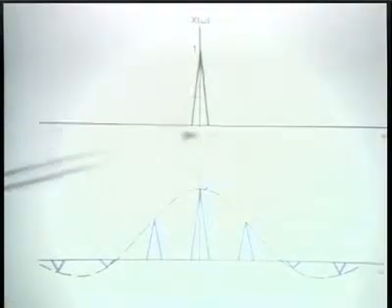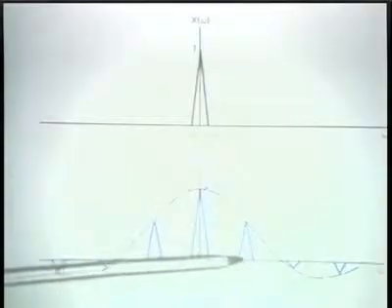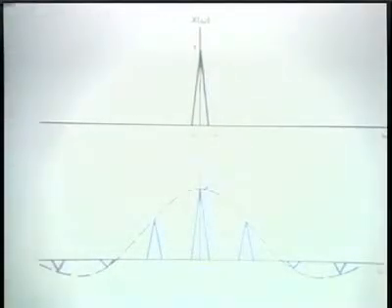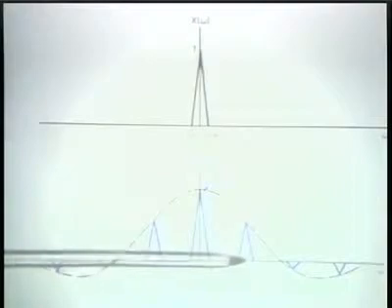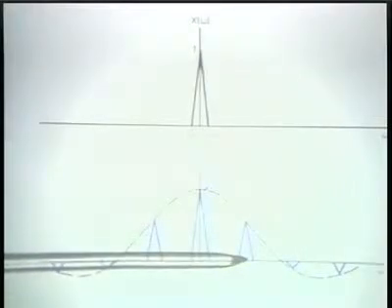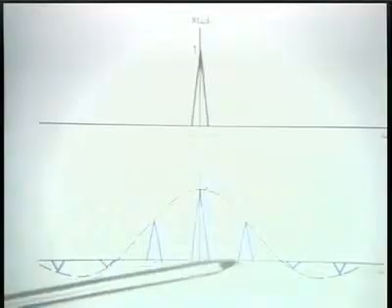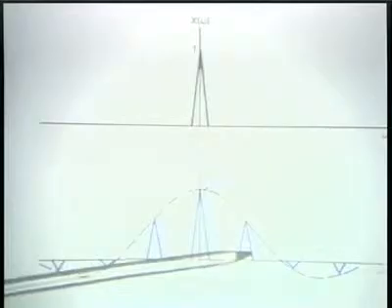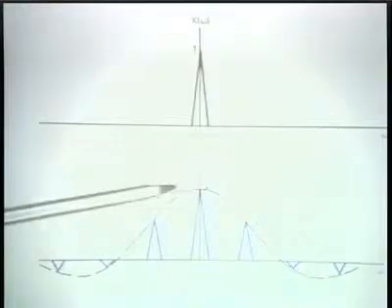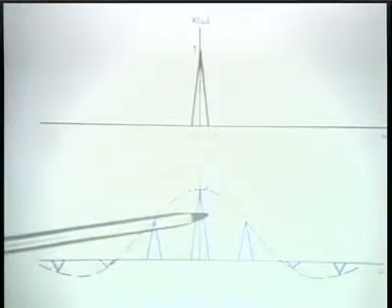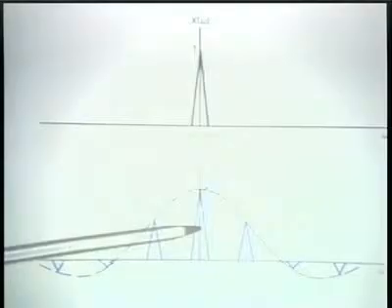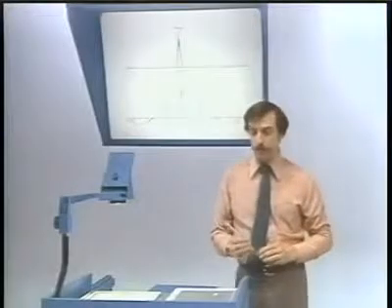So we can see that this spectrum is replicated at each of these locations, and as long as the frequency of the pulse train is large enough compared with the maximum frequency in the original signal x of t, so that there's no overlap between these triangles, then what you can see, somewhat amazingly, is that simply by low-pass filtering the result, we can get back, except for an amplitude factor, the original signal.